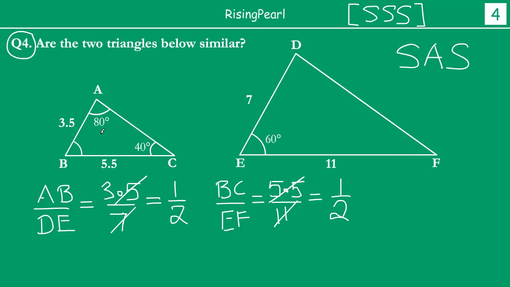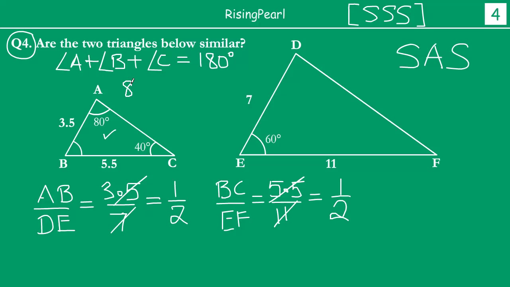Now if you take a look at this triangle, A is 80 degrees, this is 40 degrees. We know that angle A plus angle B plus angle C is 180 degrees. The sum of the three angles of a triangle is 180 degrees.